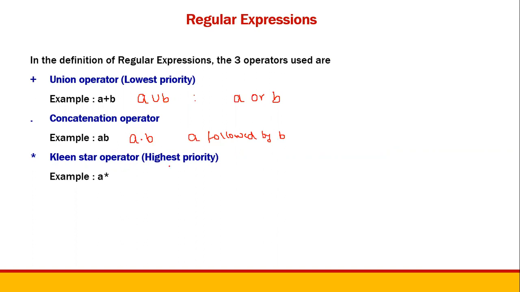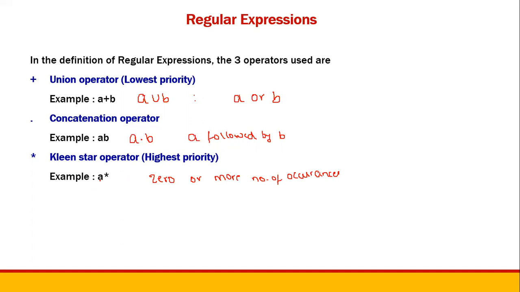And the third operator we are using is Kleene star, which is nothing but star operator here. So that is having the highest priority in the regular expression. So this star operator means zero or more number of occurrences. That means that particular symbol or an expression can appear zero number of times or any number of times here.